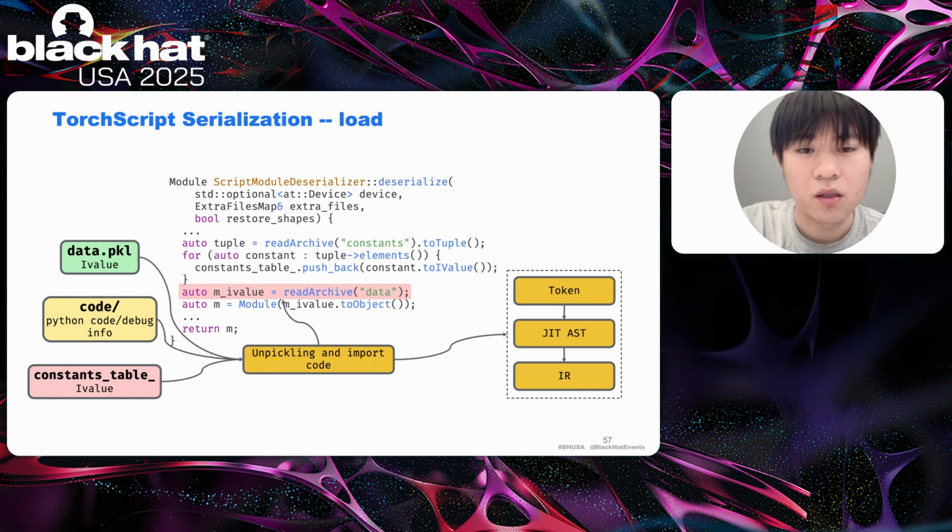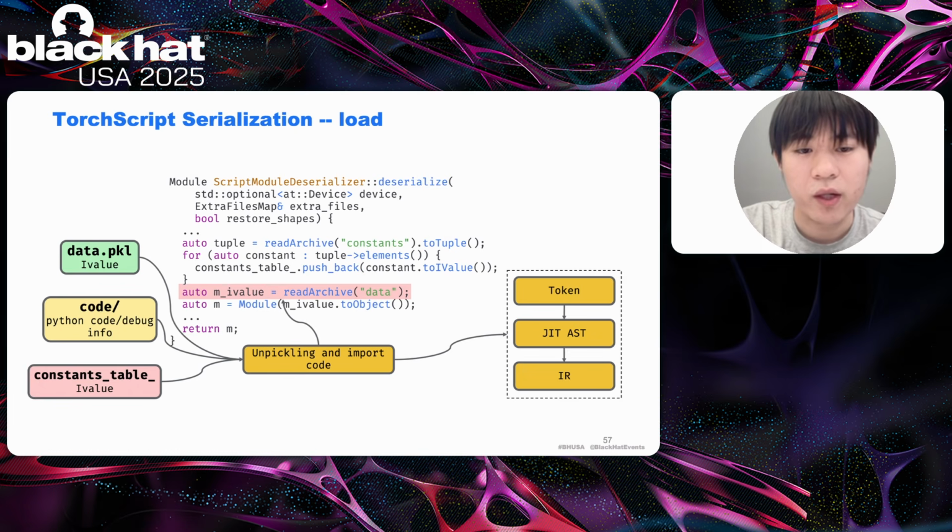Second, unpickling data pickle. During the process of unpickling data pickle, relevant source code is read from the code directory and parsed as needed. And related constants are also read from the constants table.